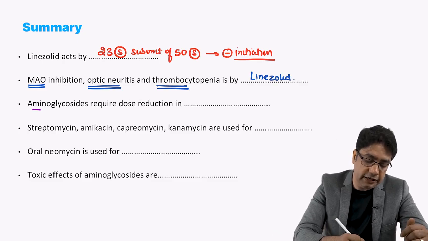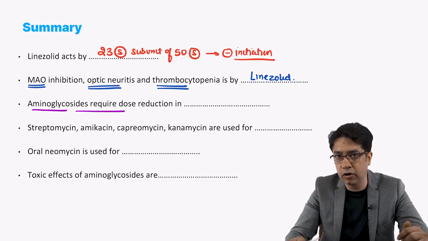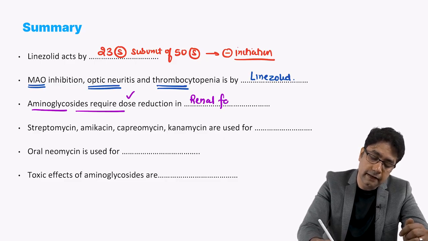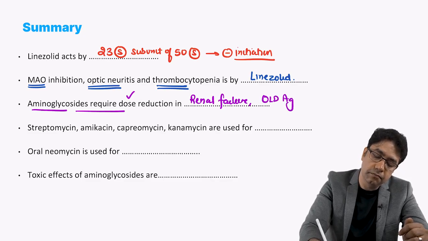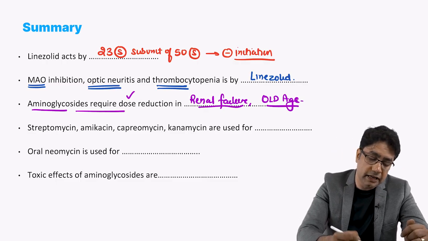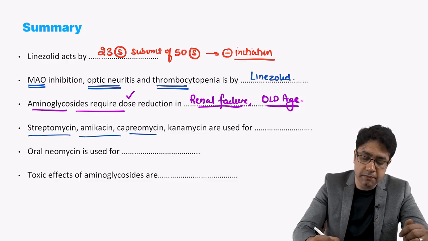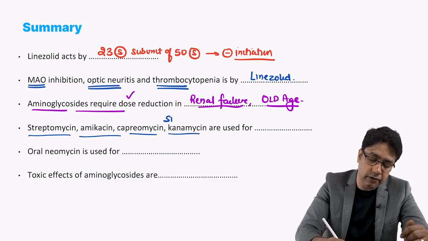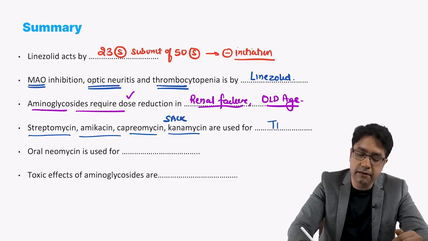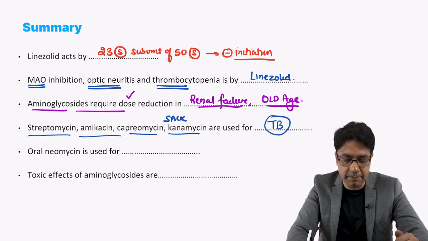Aminoglycosides are excreted through urine by glomerular filtration. That is why aminoglycosides require dose reduction in a patient of renal failure and old age, because with age, GFR reduces. Streptomycin, amikacin, capreomycin, kanamycin, 4 aminoglycosides, short form SAC, are given for the treatment of tuberculosis, TB.